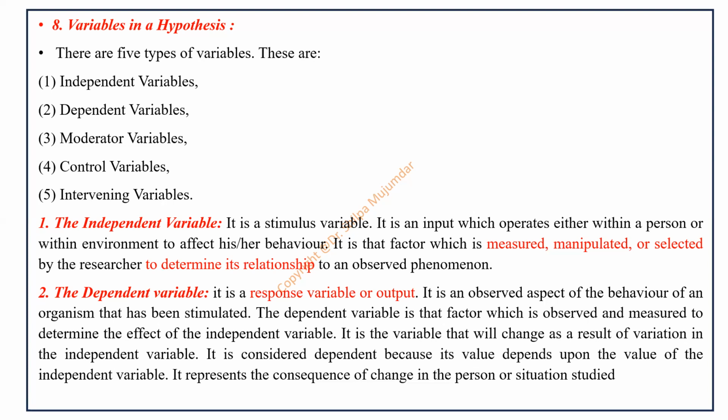The caries, that is decaying of the tooth, is definitely dependent on the toothbrushing, right? So the independent variable is the variable that is not getting affected by any other variable, and it stands alone.